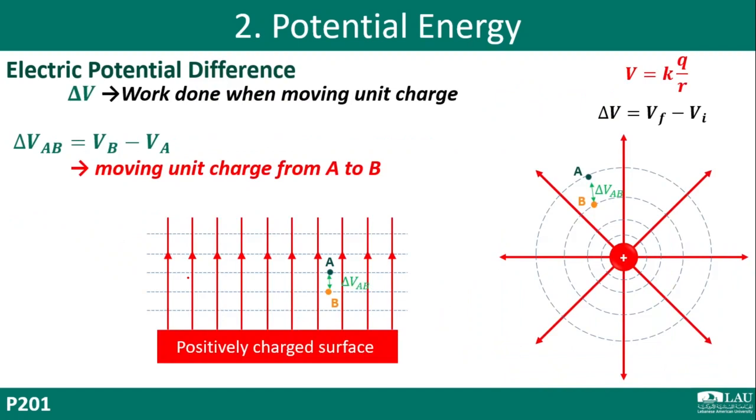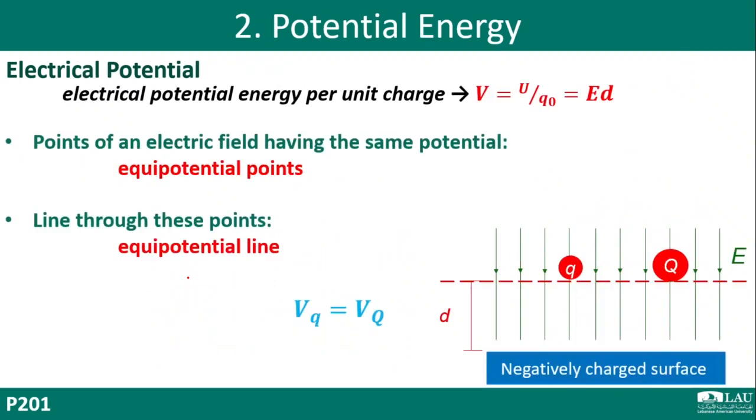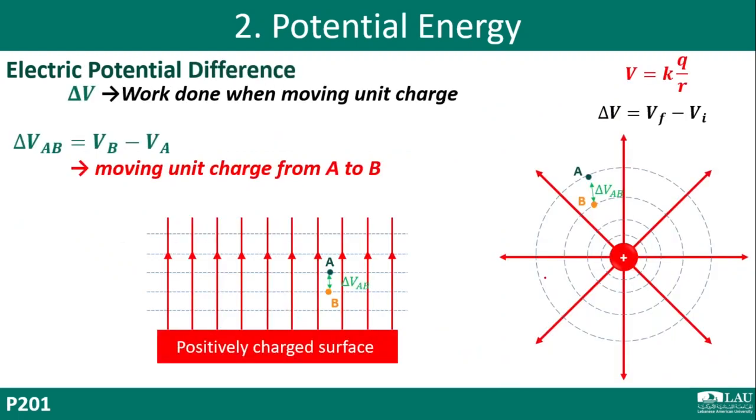Let's take another physical quantity to define, which is the electric potential difference. As you can see here, in our case they have the same potential, they are at the same distance, they are on the same equipotential line. How can we connect different potential lines? What is the electric potential difference?